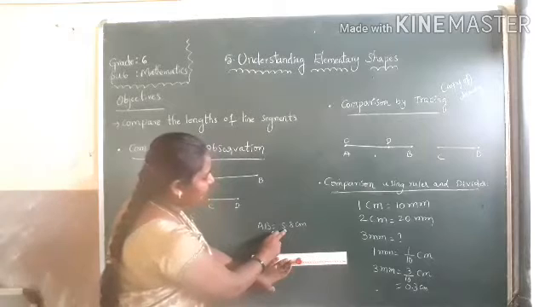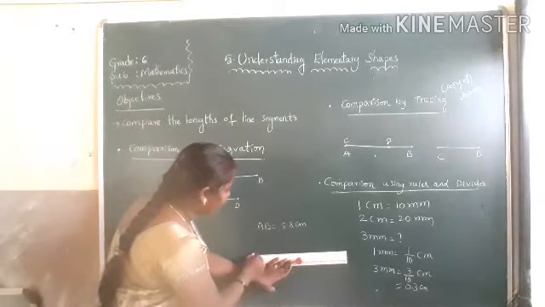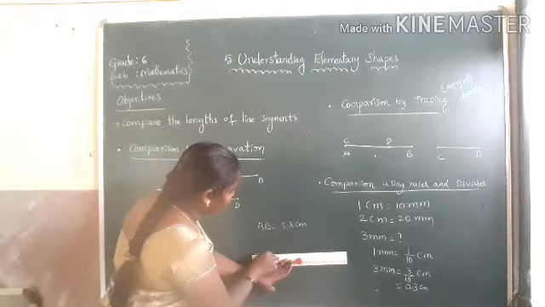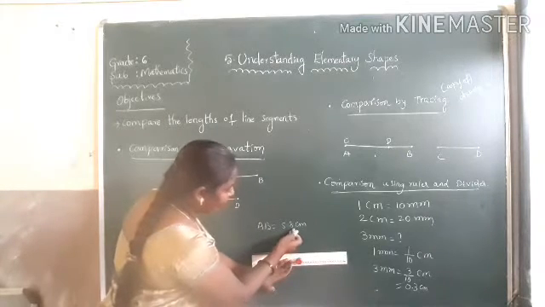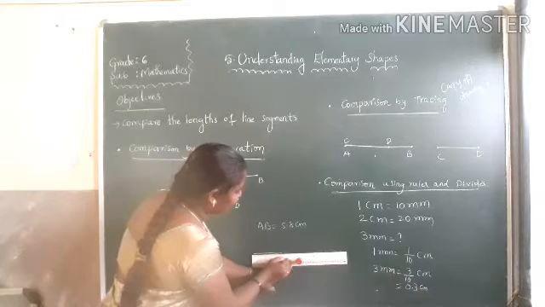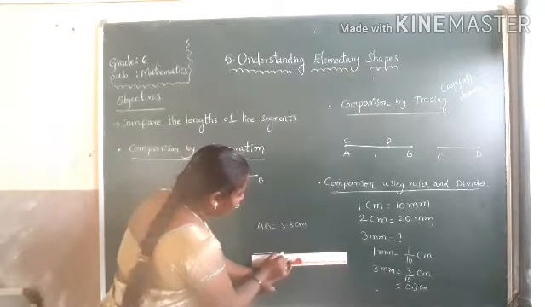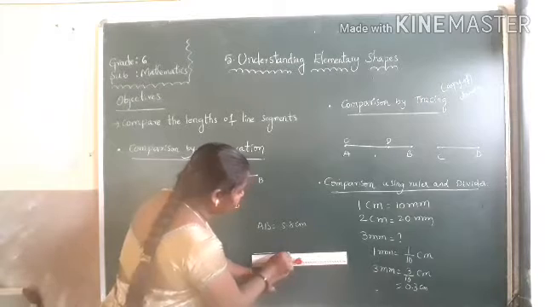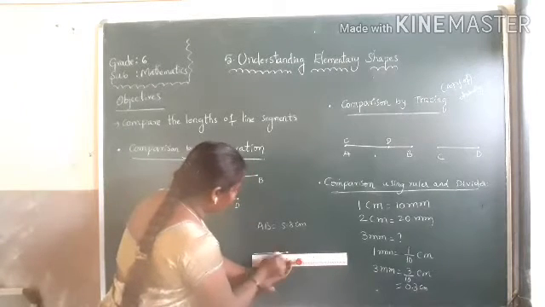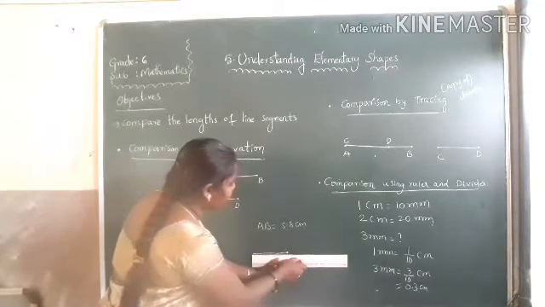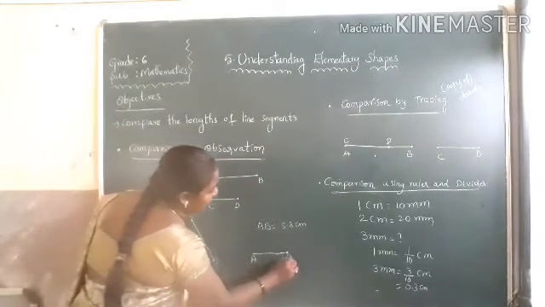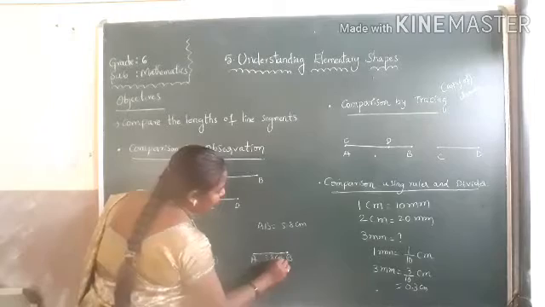The length is 5.8 centimeters, so you start from 0 to 5. After 5, how many points are there? 8. So now count here: 1, 2, 3, 4, 5, 6, 7, 8. So this is the line segment AB, which is equal to 5.8 centimeters.